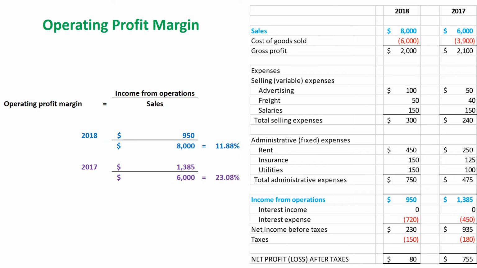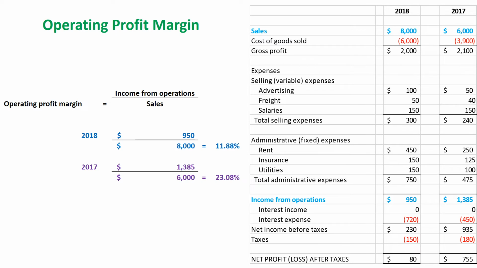Operating profit margin. This ratio represents the pure operations profits, ignoring interest and taxes. A high operating profit margin is preferred. Operating profit margin equals income from operations over sales. This example has the following ratios.